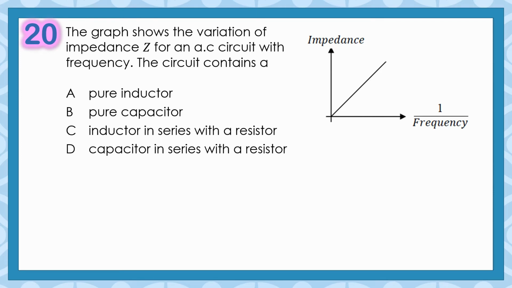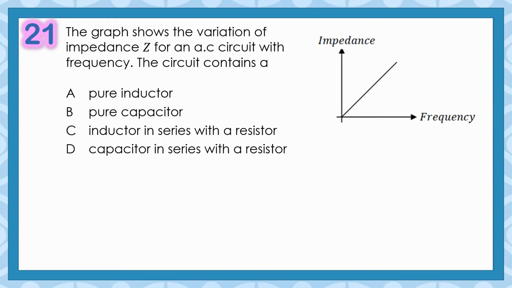For question number 20, the graph shows the variation of impedance Z for an AC circuit with frequency. The circuit contains a? For question number 21, the graph shows the variation of impedance Z for an AC circuit with frequency. The circuit contains a?